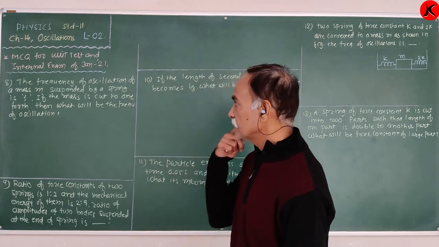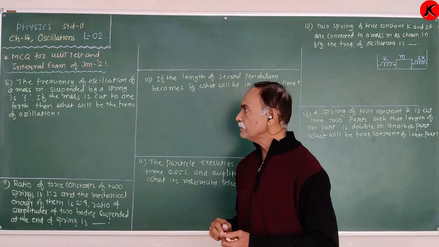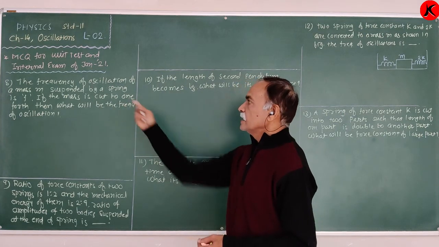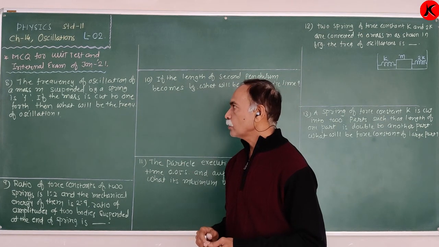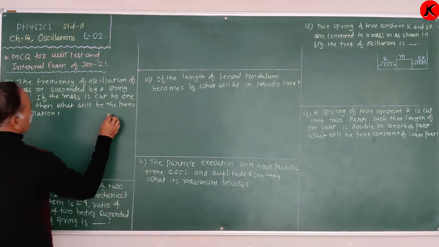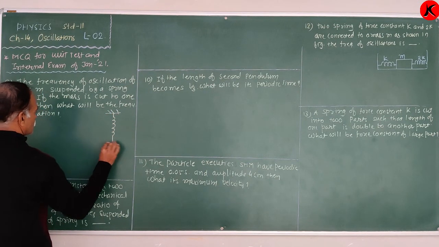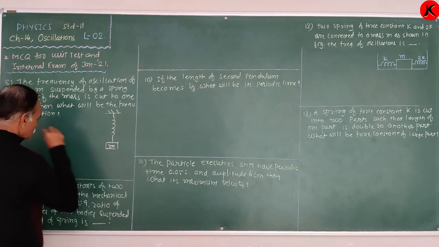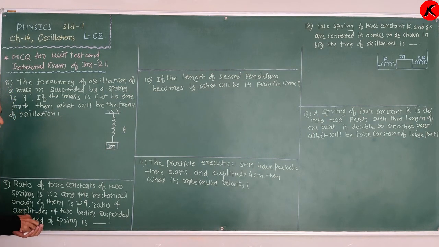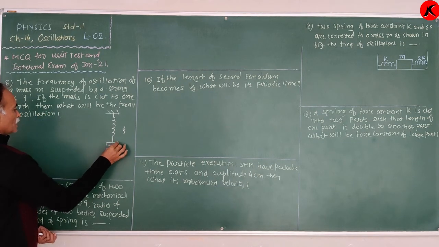Now, the frequency of the oscillation of a mass M suspended by a spring is F. If the mass is cut to 1/4, then what will be the frequency of the oscillation? It says that one body of mass M is suspended at the end of a spring, and at that time the frequency of the oscillation is F1. In the second part, 1/4 part of this body is cut.